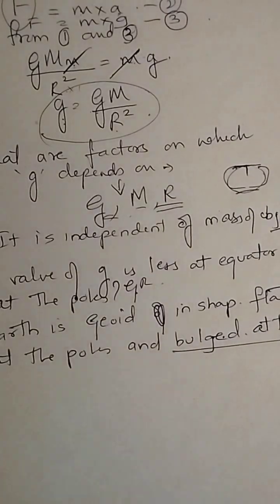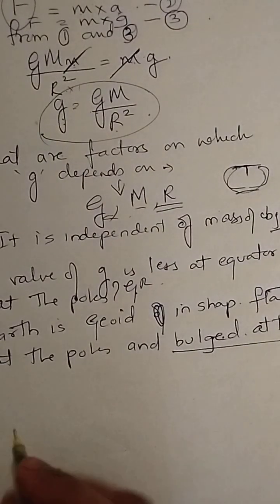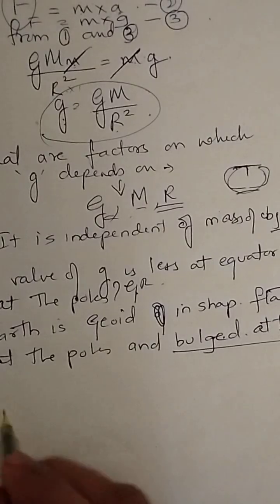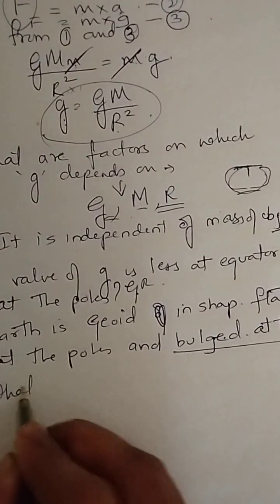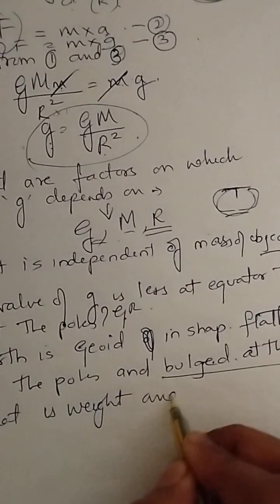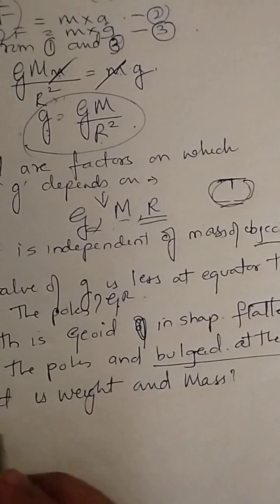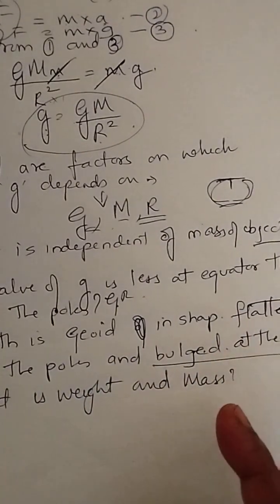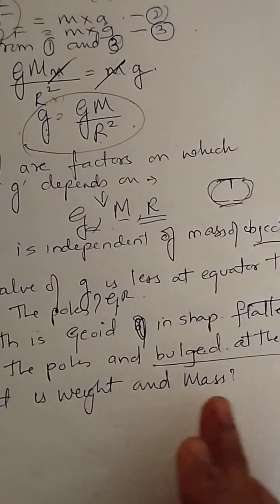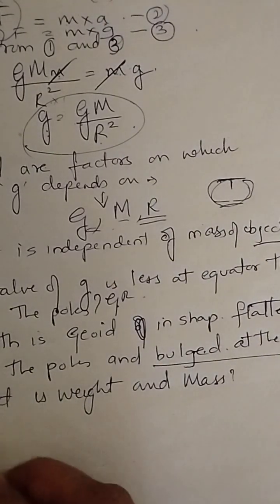Next, the question that will be asked is, what is weight? The difference between weight and mass. Weight is actually mass into gravity. If it is independent of gravity, then it is called mass.